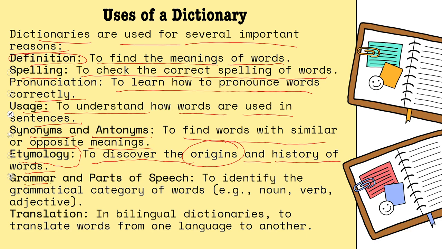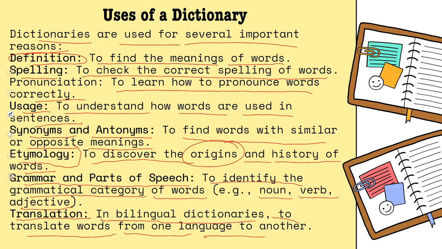We can look for grammar and parts of speech to identify the grammatical category of words, for example, noun or verb or adjective and so on, and also for translation. So in bilingual dictionaries, to translate words from one language to another.